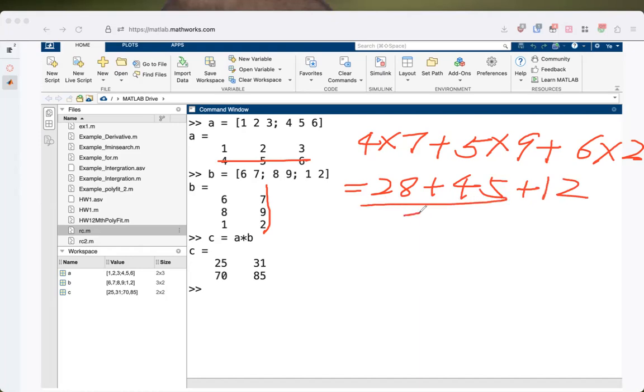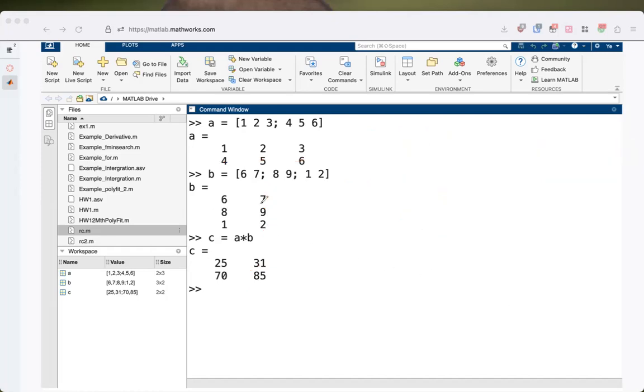So 73 plus 12 is 85. This is correct. So this is the multiplication for matrices in MATLAB. Very simple, you can just do the multiplication as you do for numbers.